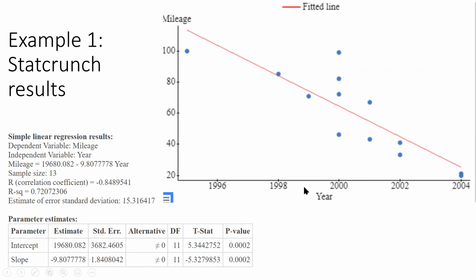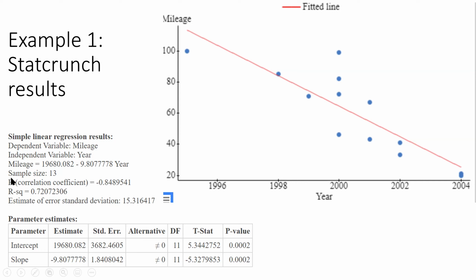As the year in which the car was made increases, the mileage decreases. All right, so what is the correlation coefficient, by the way?